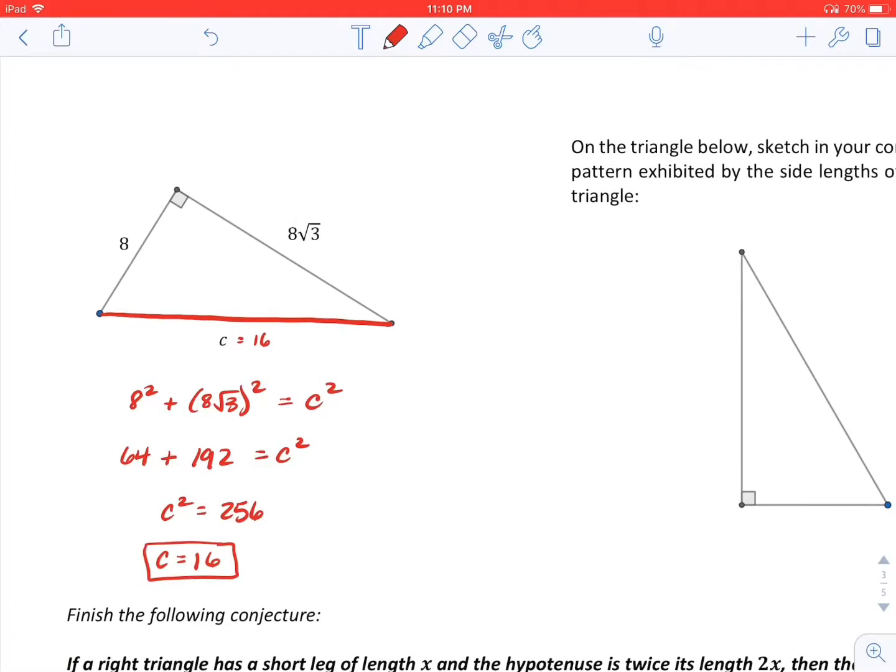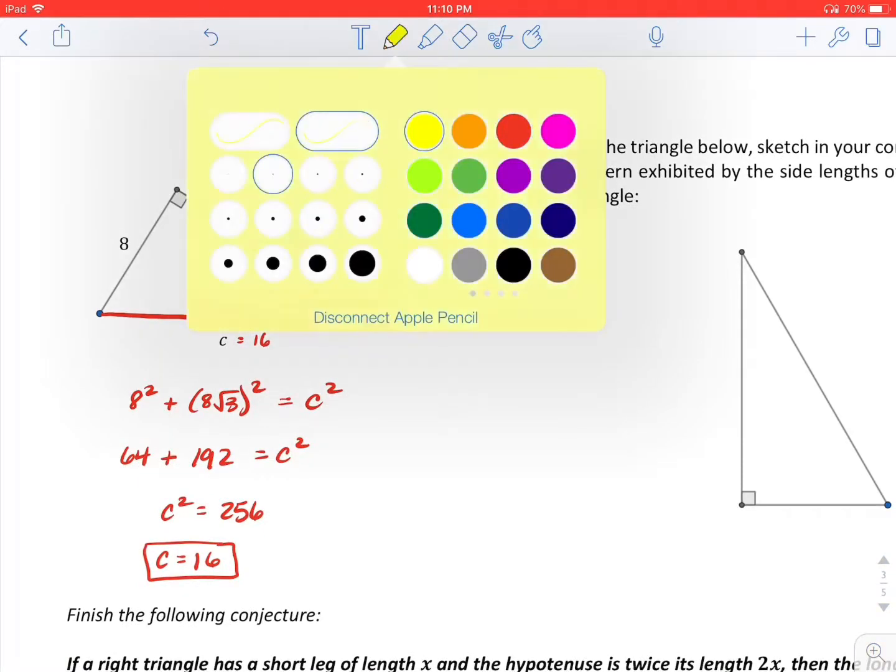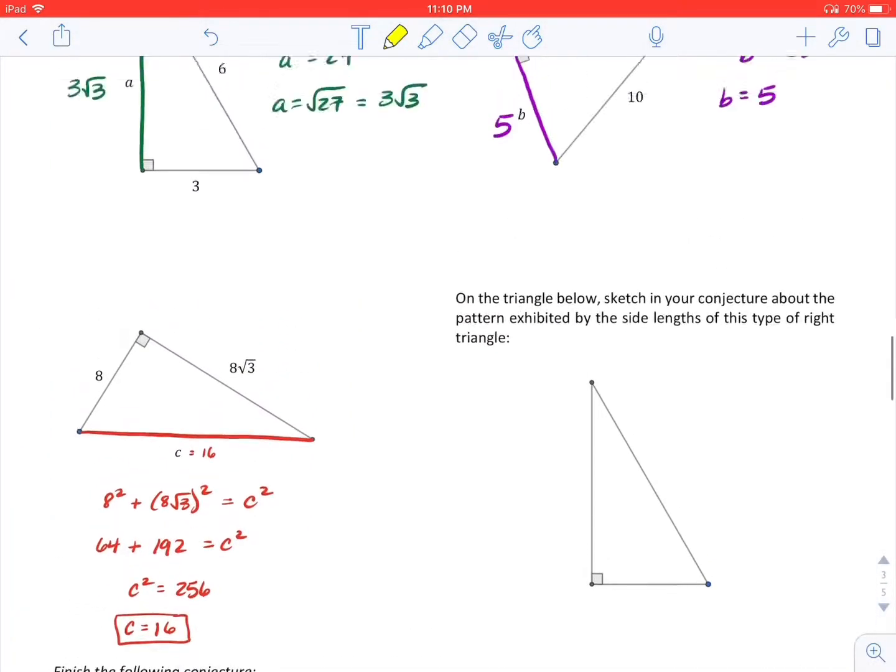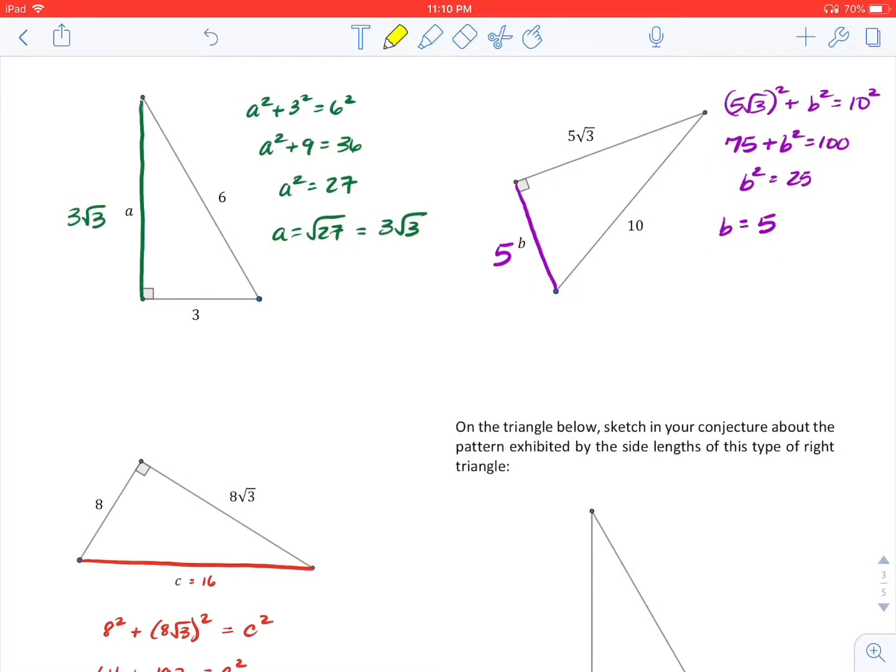So let's step back just for a moment to see if we can spot the relationship in each of these cases. It looks as though, if we start with the short leg, the shorter of the legs, that's not what I meant to do. I meant to use a highlighter. If we look at the short legs, it doesn't necessarily have a particular value other than its relationship to the other two sides.